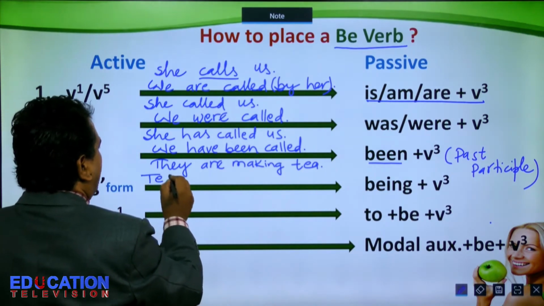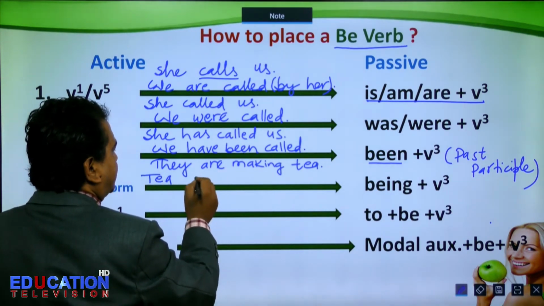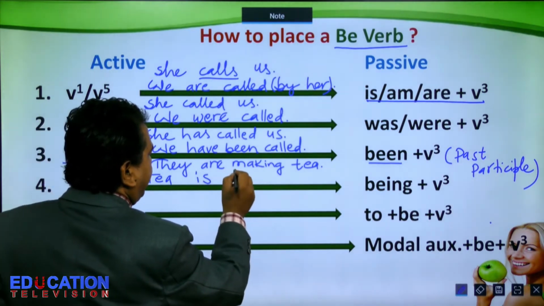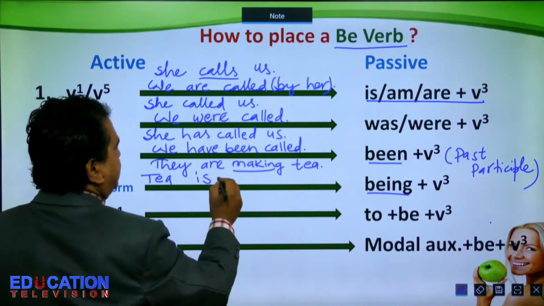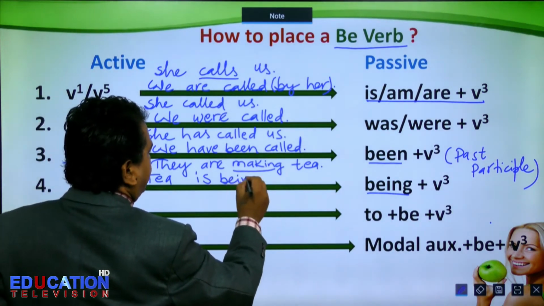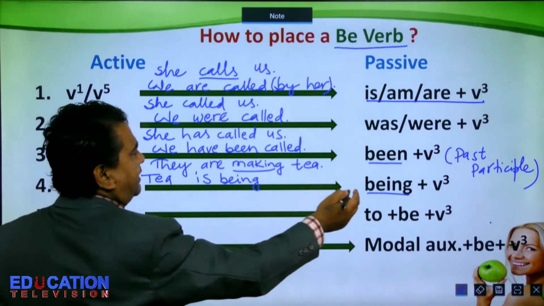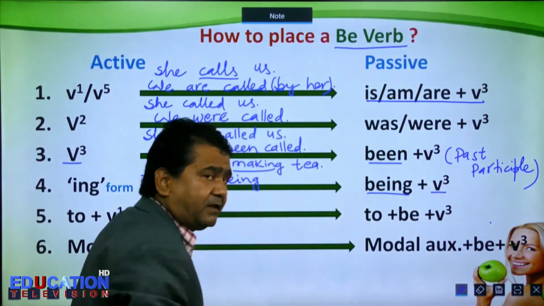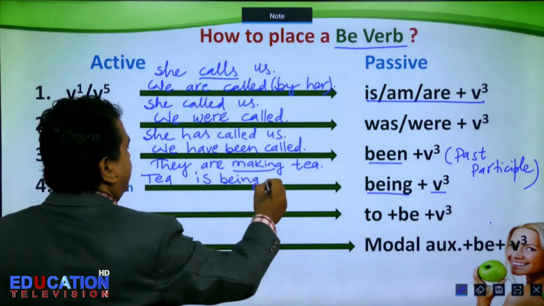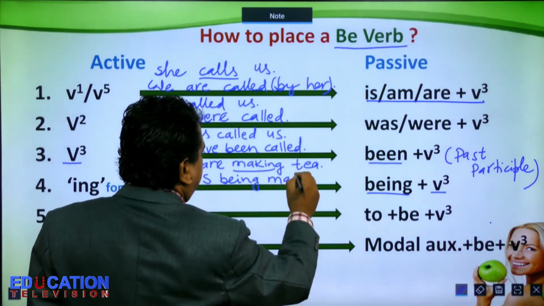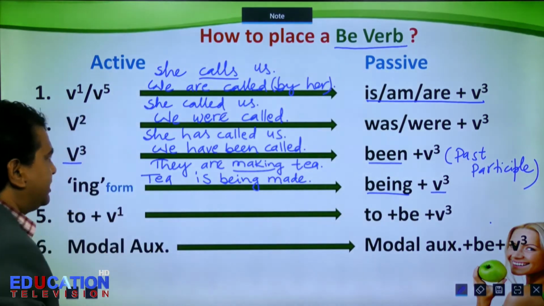With tea, you don't write are, so is. Remember, here is ing, so we have to write here being. Tea is being, and we should never forget to convert the verb into past participle, that is V3. So, tea is being made.